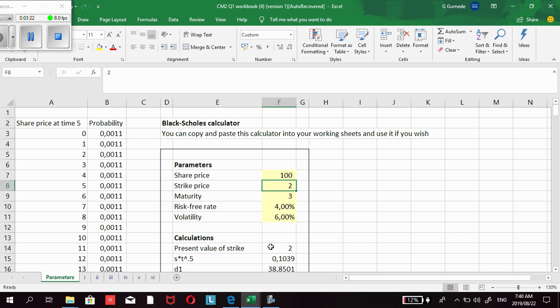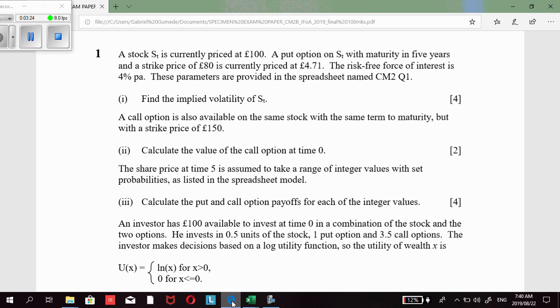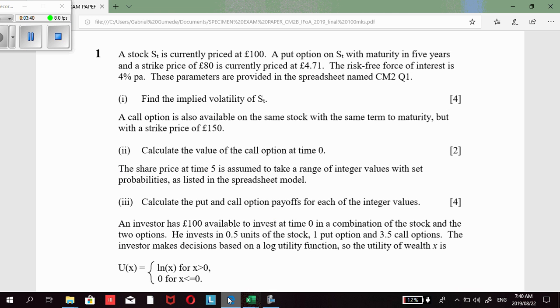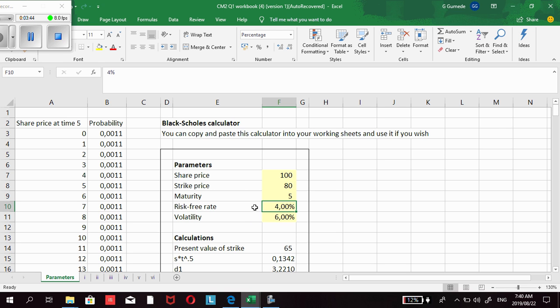You are given the strike price to be 80, so I'm going to put 80, and we are given maturity of 5 years. I'm going to put 5 here, and we are given the risk-free rate to be 4%. Luckily for me, 4% is what I've got here, and I'm looking for volatility.